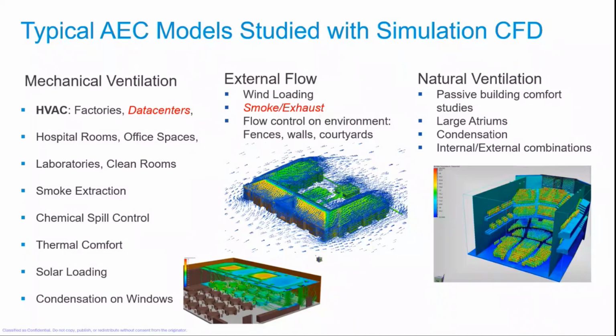For laboratories, clean rooms, smoke extraction, chemical spill control, thermal comfort, solar loading, condensation on windows. This one is important as well. Normally, it's not the main function of our software, but we try to use the parameters in the software to predict the condensation on windows in our system.